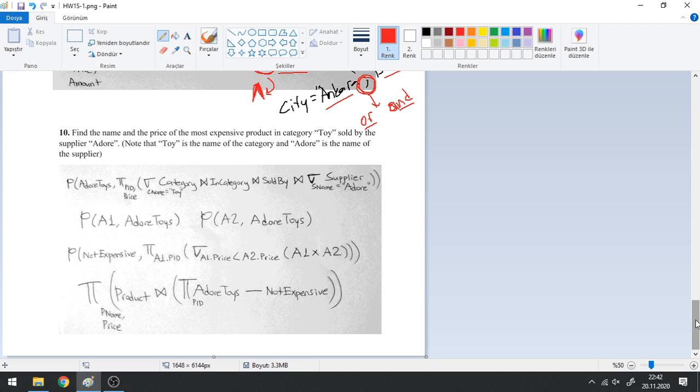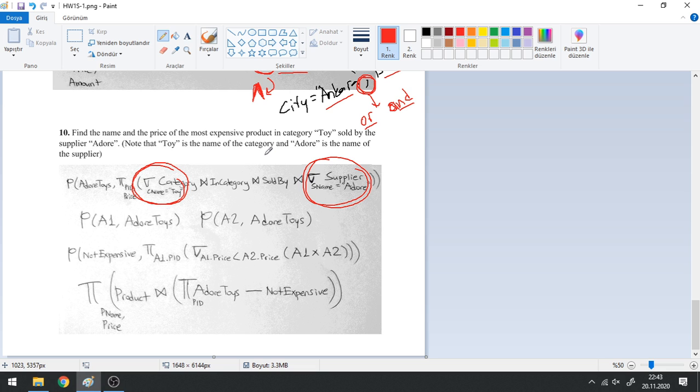So for the last one, the important part was that this is again finding about the minimum or the maximum. So we need to use two different instances of the same table, make the cross product, and then we need to get the subtraction from the whole set. And the important part is that we need to do it for some subset of our values. So we are not interested in the most expensive product.